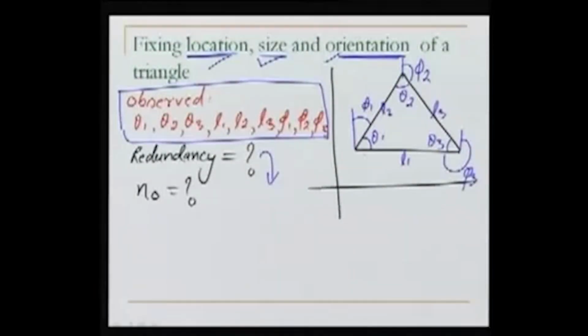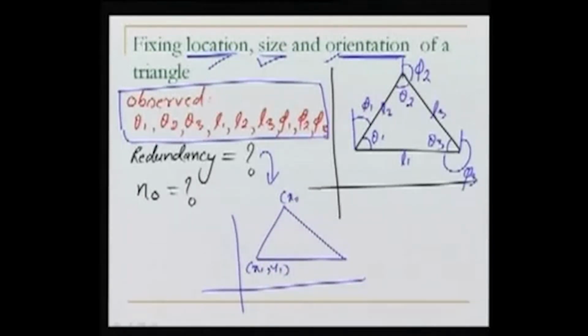Well, in this case, because we need to fix the location, size, and orientation, if I somehow can observe the coordinates x1, y1, x2, y2, x3, y3, let us say somehow we have observed these coordinates, then the size of the triangle is fixed, the orientation is fixed, and the location is also fixed.